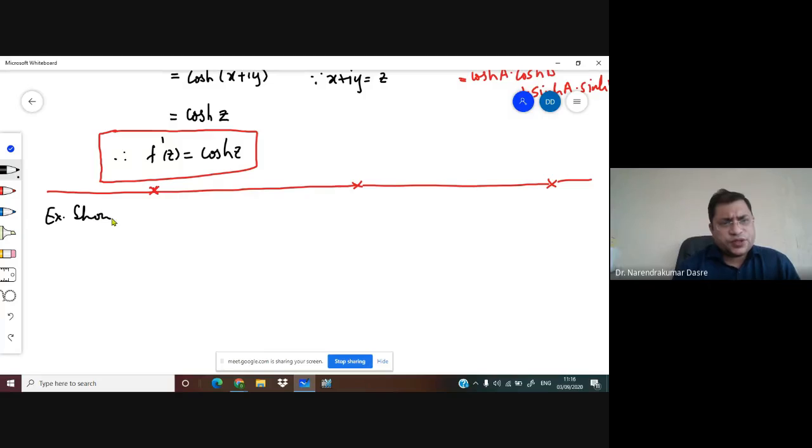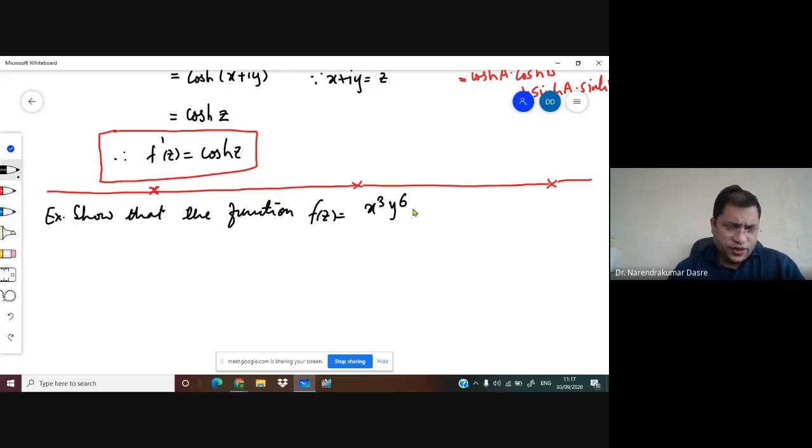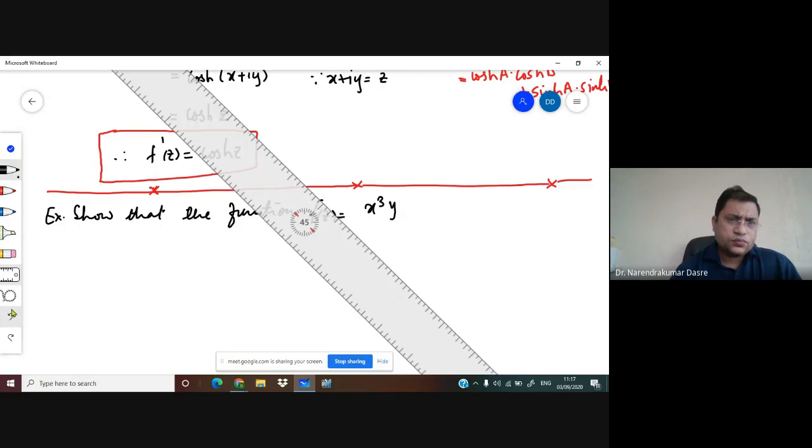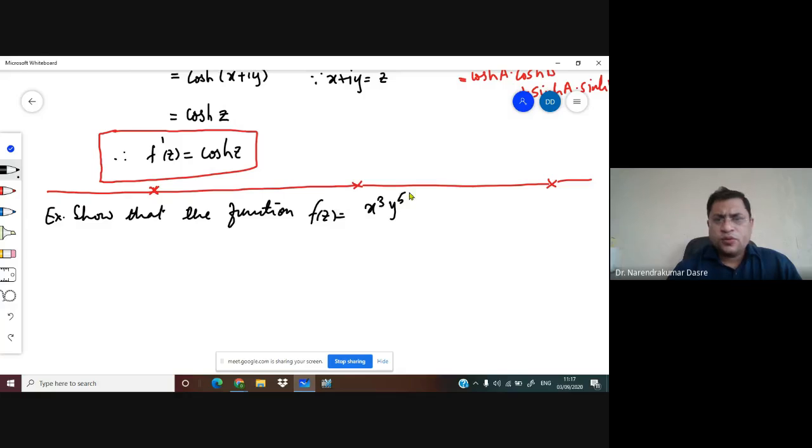Show that the function f of z is equal to x cube y raised to 5 times (x plus iy) upon x raised to 6 plus y raised to 10 if z is not equal to 0.